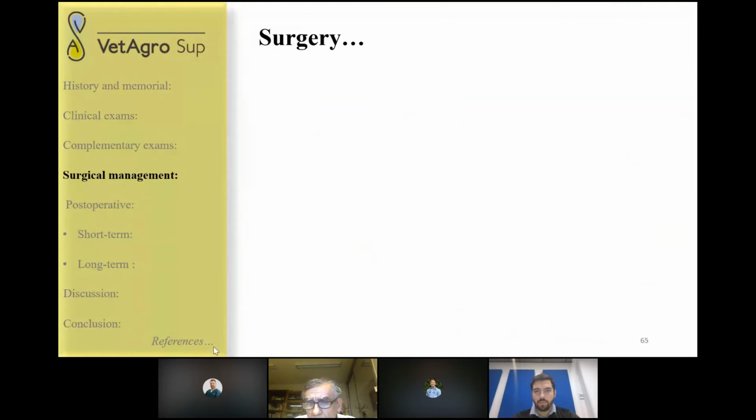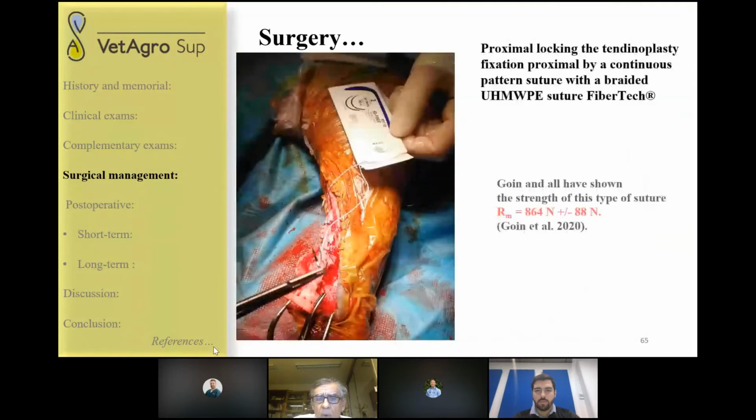Next slide. And we do the fixation and do the proximal locking of the prosthesis with a continuous pattern suture with a braided suture. It's with the number two metric FiberTech.